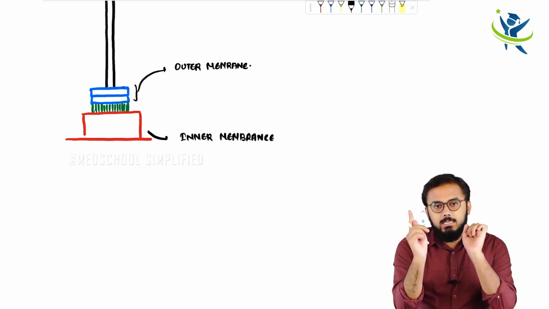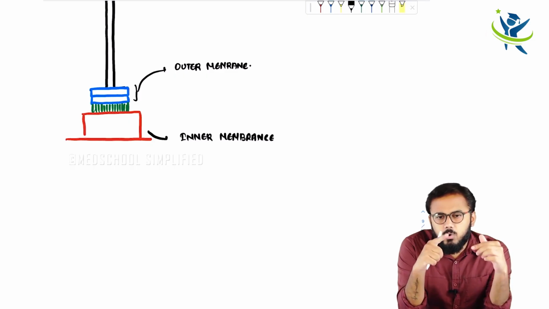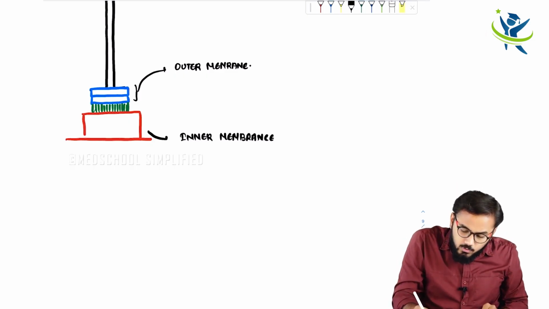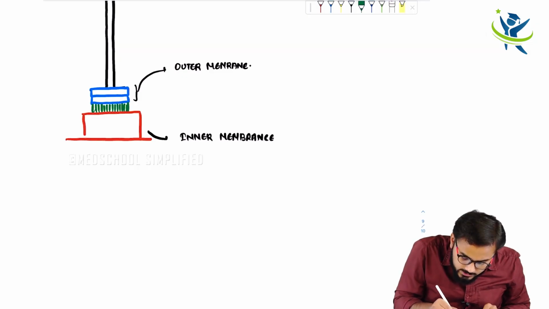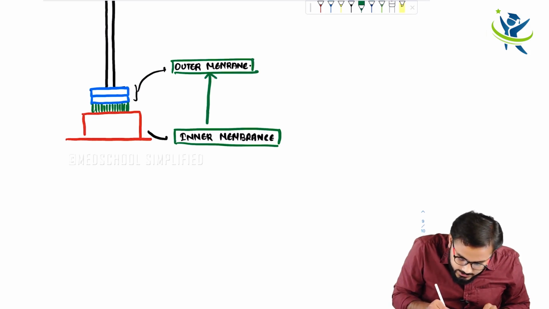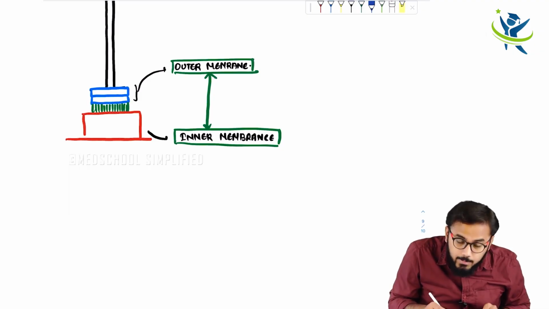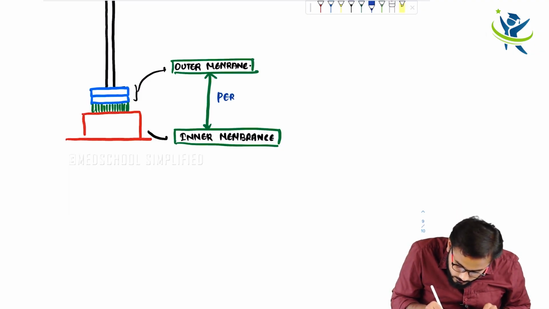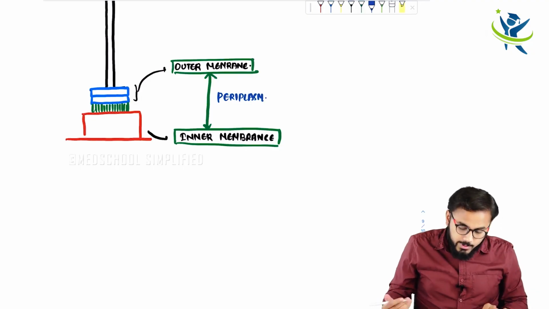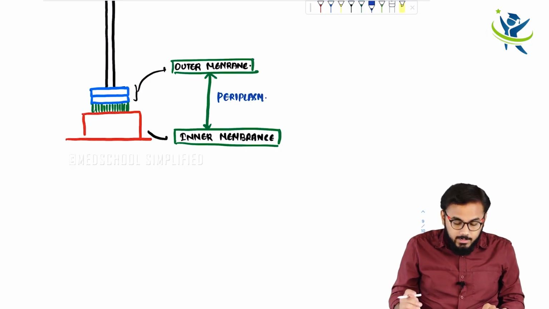So previously in part 1, I told you that between outer membrane and inner membrane, whatever region is there, what is that region called, guys? This is called as periplasm.